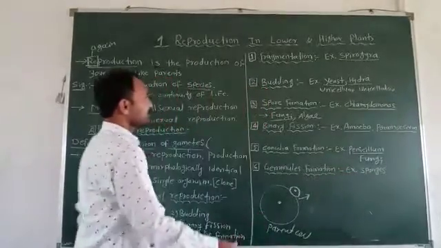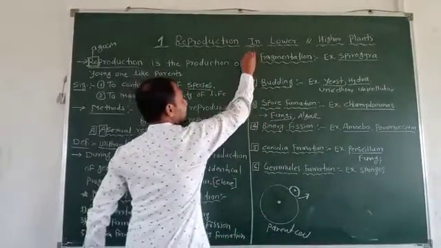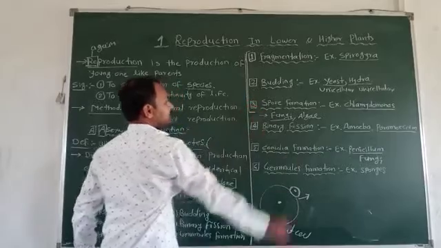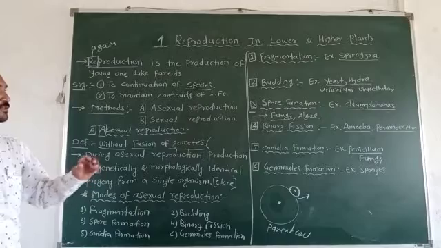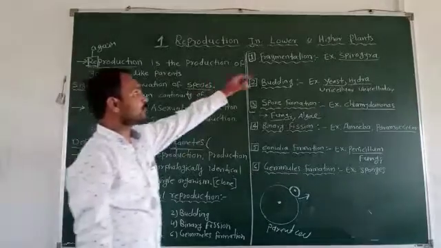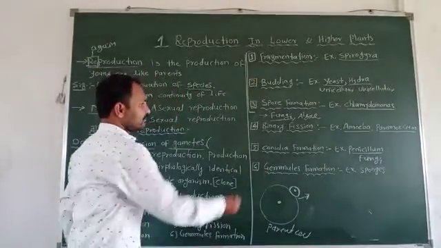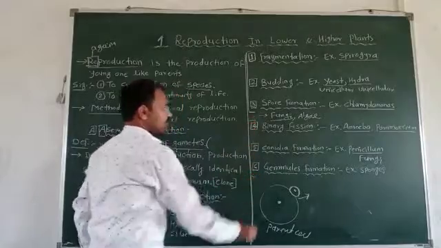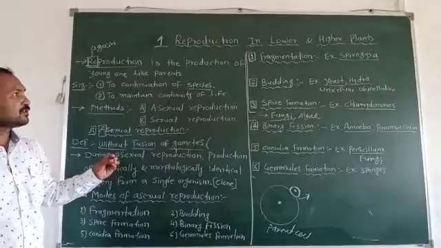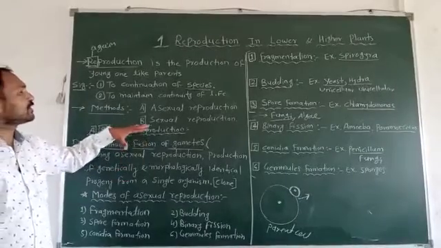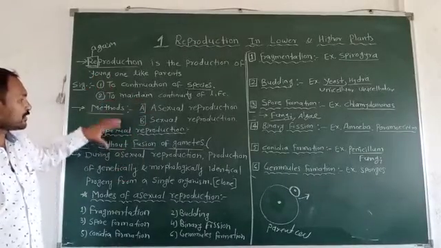In your syllabus, they first give in detail what fragmentation, budding and spore formation are, with examples. The others are given only so that you know what binary fission, conidia formation and gemmule formation are. This is the introduction to asexual reproduction.